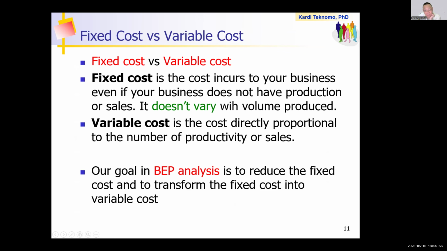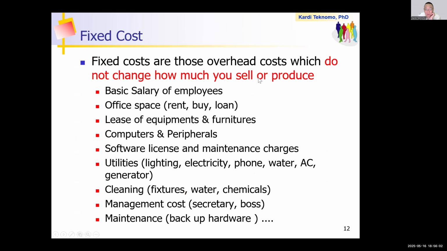I'll give you several examples first. What is fixed cost and what is variable cost? Fixed cost is usually called overhead cost. It will not change regardless of how much you sell or produce. An example is your salary as an employee.